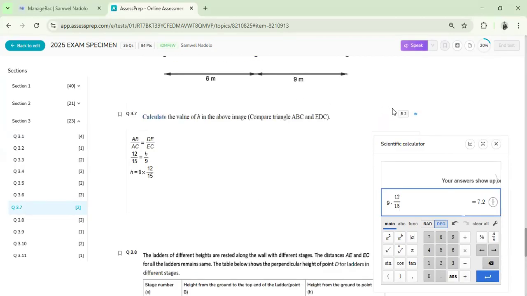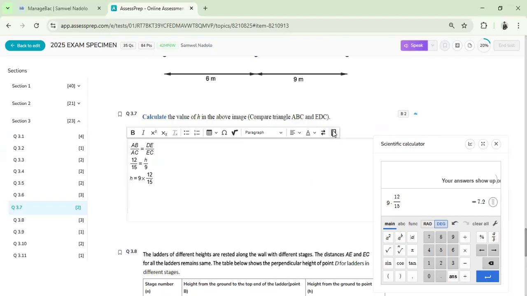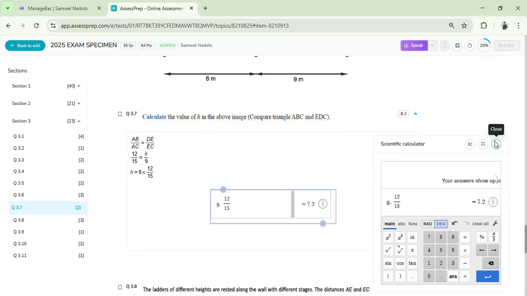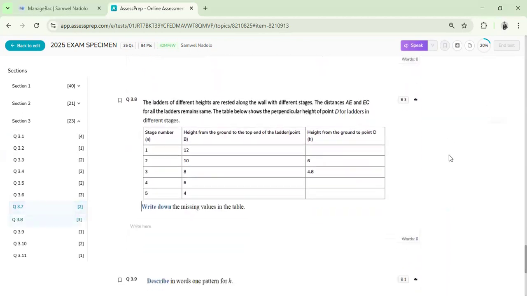Then you can comfortably say copy from calculator. Wait for it to copy, and your answer will be 7.2. All right, so come down here.